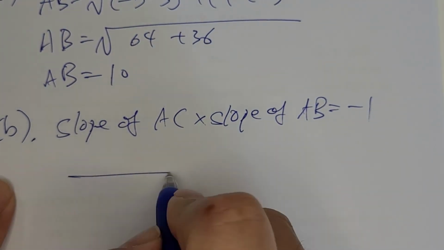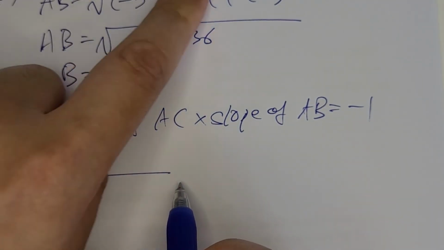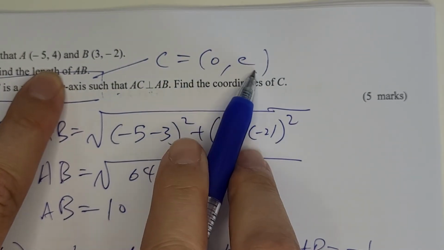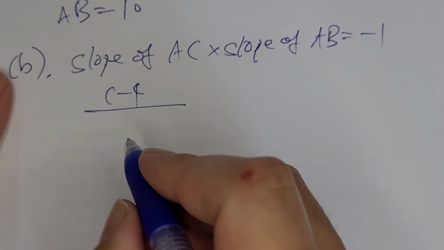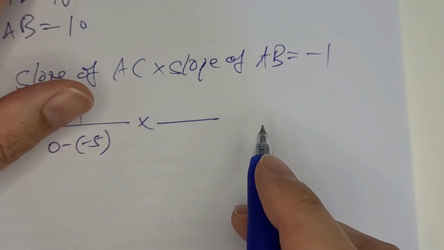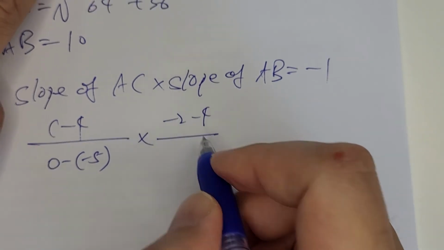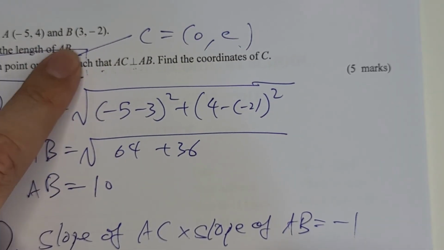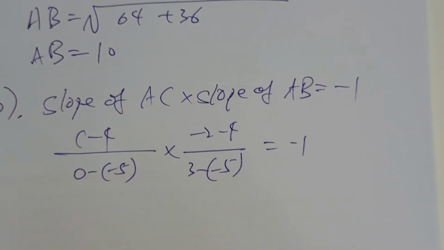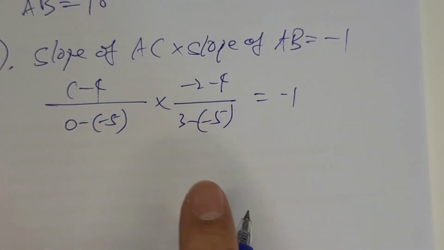So slope of AC, that is c minus 4 over 0 minus negative 5, times slope of AB, negative 2 minus 4 over 3 minus negative 5, equals negative 1. Then you need to solve this equation.